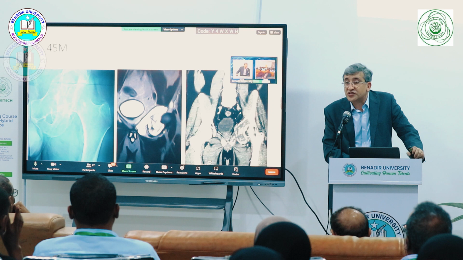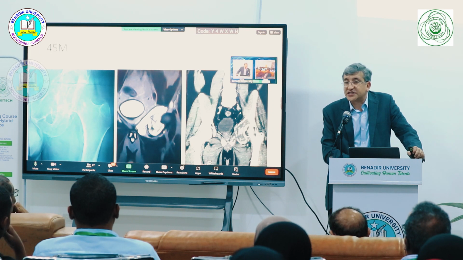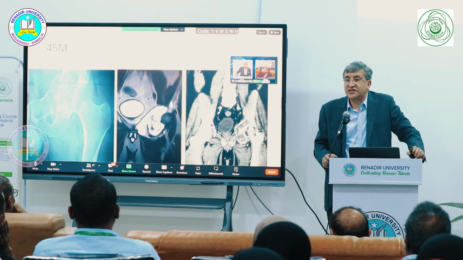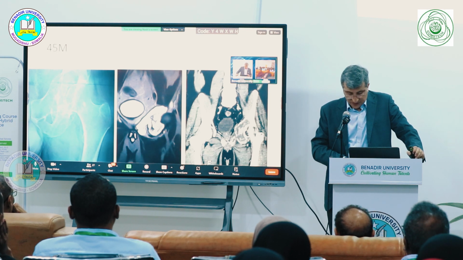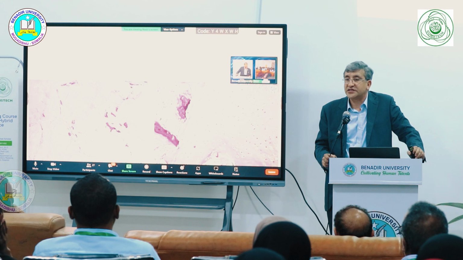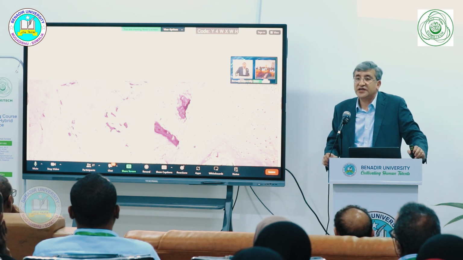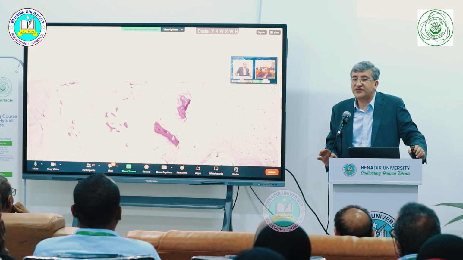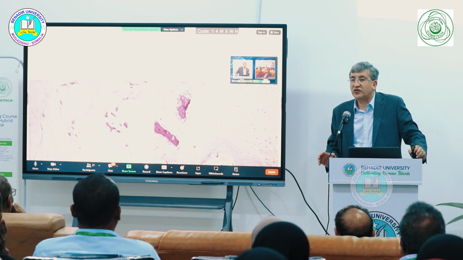On CT scan, you see some matrix. So our radiologist said this is giant cell tumor, but histologically, this is the tumor. So any idea? Which broad classification? Is it cartilage forming tumor or bone forming tumor?